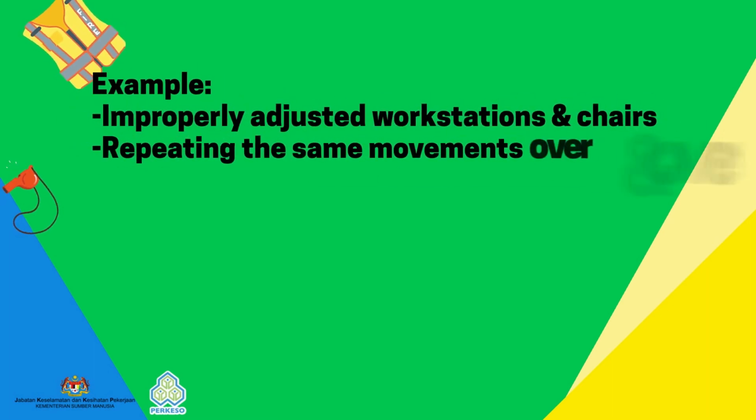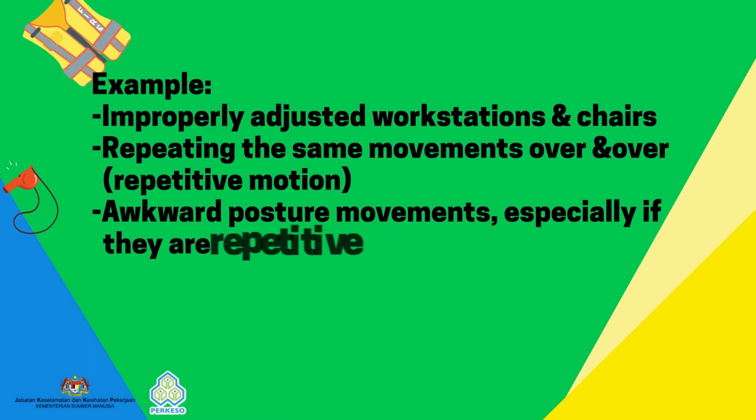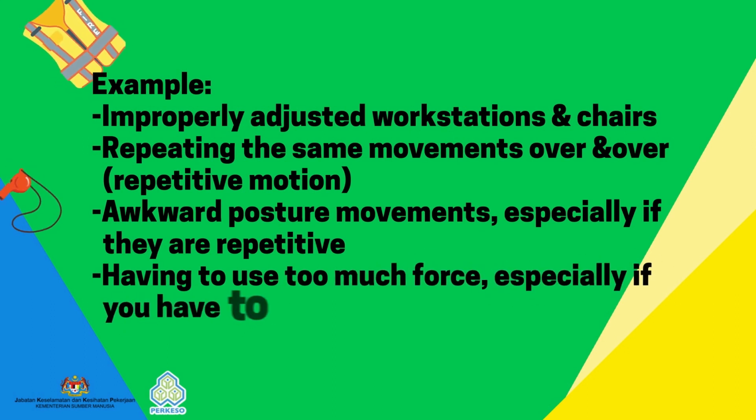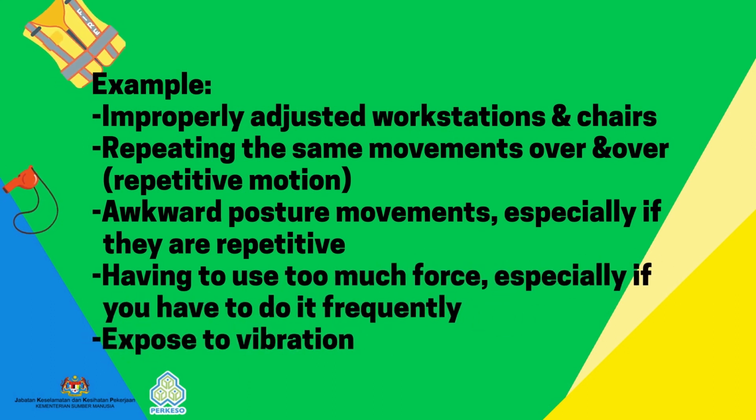For example, improperly adjusted workstations and chairs, repeating the same movements over and over, awkward posture movements, especially if they are repetitive, having to use too much force, especially if you have to do it frequently, and exposure to vibration.